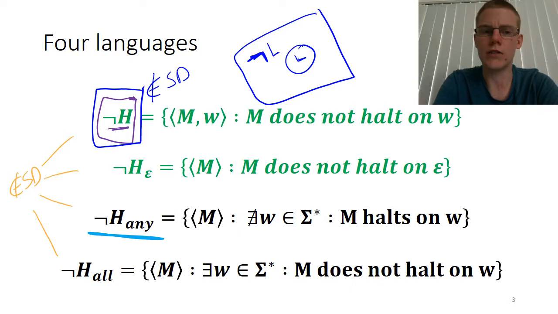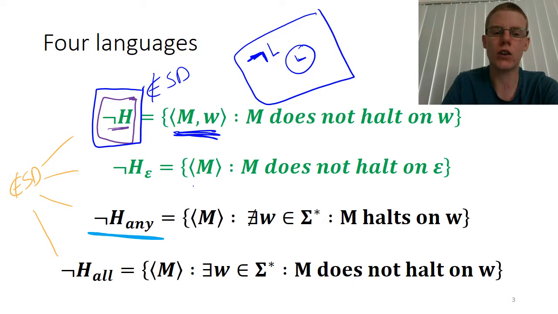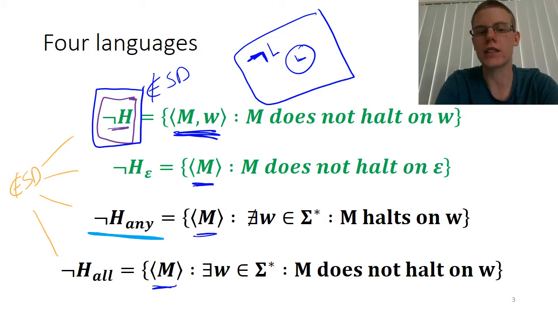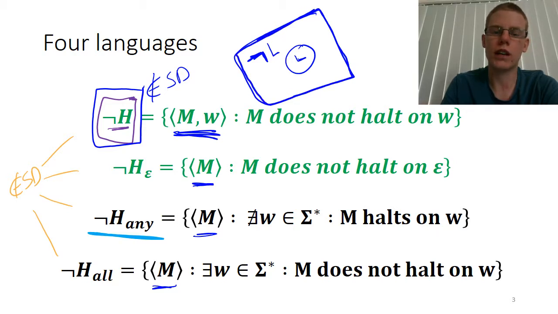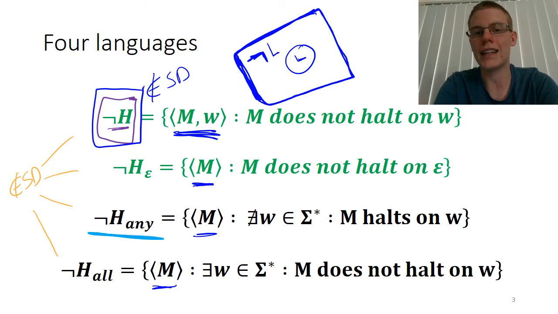Now, our assumption here is that our universe is not just the set of all things I can make with the alphabet of encodings for machines, but instead the set of all strings that consist of valid encodings of simple Turing machines. Because that particular set itself is decidable, that doesn't affect our overall thing here. But I would suggest going back through the lecture notes and the textbook and making sure you are happy with the idea that we don't need to consider the strings that represent invalid Turing machines when we talk about these complements.